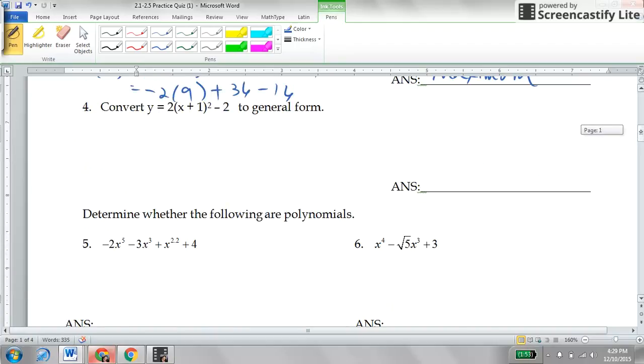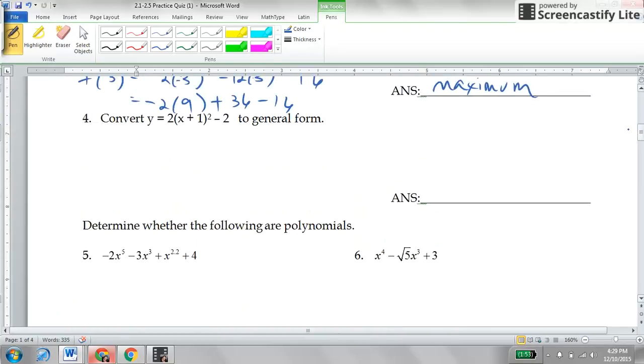Next, convert this into general form. General form is given to you on your formula sheet. General form is ax squared plus bx plus c. So first thing we have to do is FOIL that stuff in parentheses. So that'll be x squared plus 2x plus 1 plus 2.